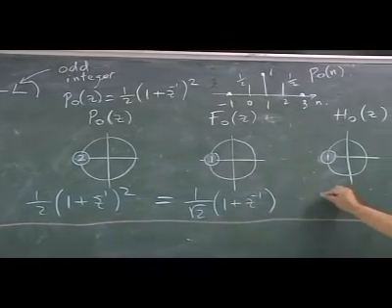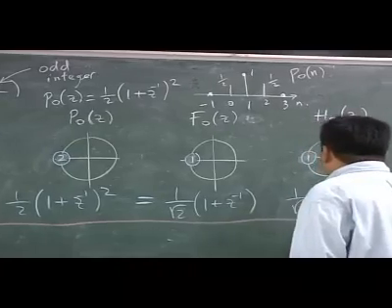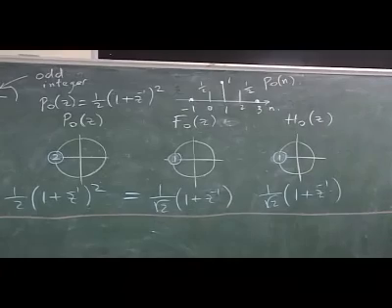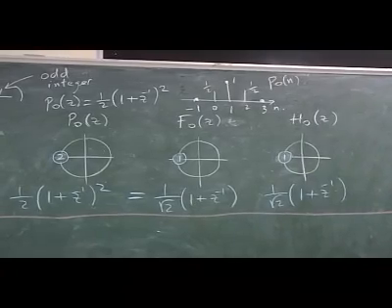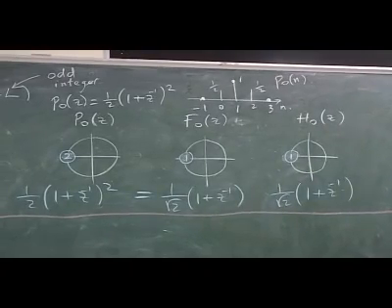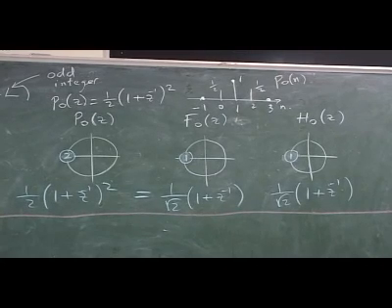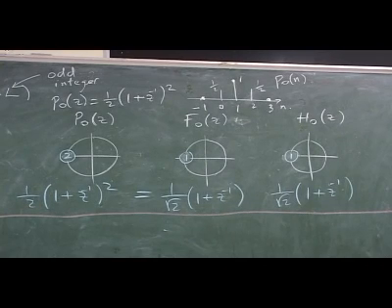Another one is 1 over the square root of 2, 1 plus z inverse. That's for H0. So for this special case, they are exactly the same. So basically, this is where we stopped yesterday, right? Are there any questions on what we have so far?